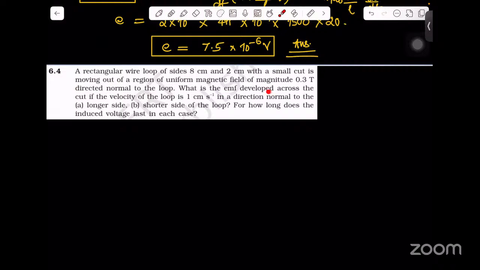What is the EMF developed across the cut if the velocity of the loop is 1 centimeter per second in a direction normal to the longer side, or the shorter side of the loop? For how long does the induced EMF last in each case?